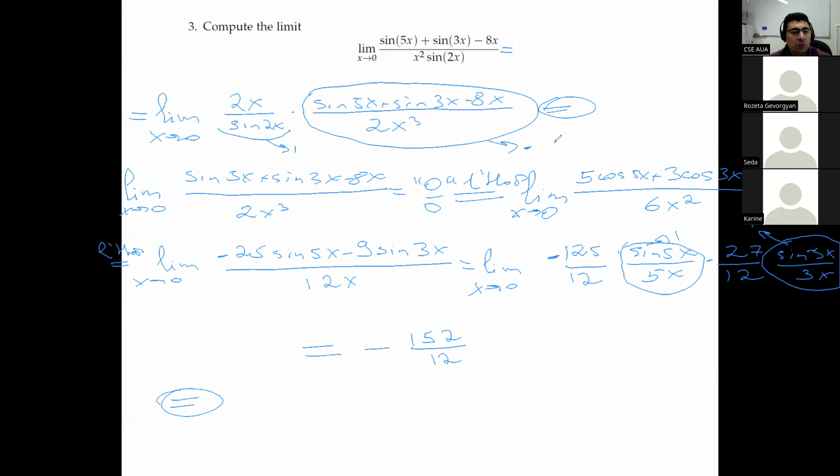If we do, we'll get 38 divided by 3. So the limit is minus 38 over 3. Is this okay?